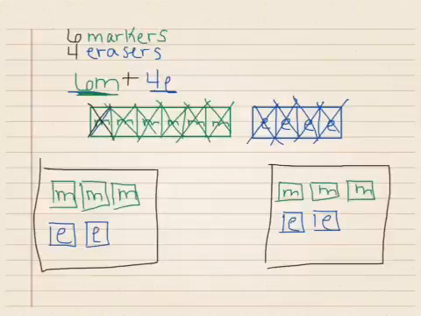So what we're doing is working backwards from the distributive property. We're factoring out a common factor. We can see that now we have 2 groups of 3 markers and 2 erasers.